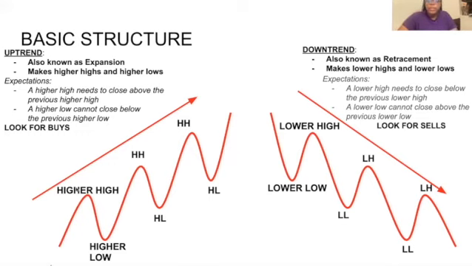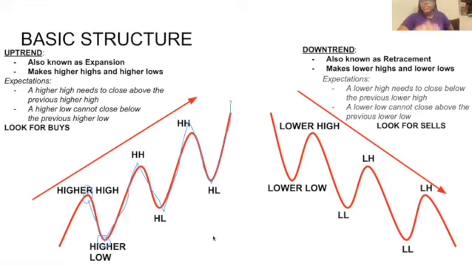And during an uptrend, the market makes the same pattern over and over again, right? And what is that pattern? I'm going to start drawing on my screen, but you have higher highs and higher lows. So you have the market constantly making higher high, higher low, higher high, higher low, higher high, higher low, higher high.